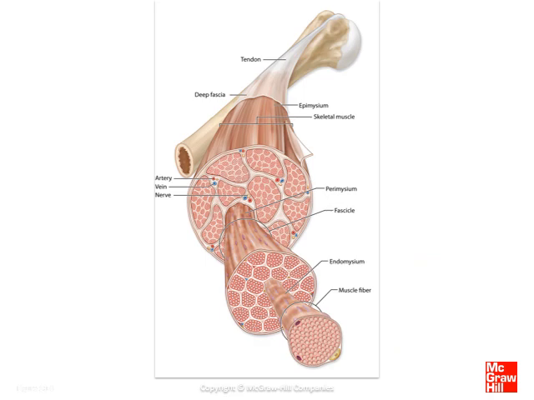So when we look at our image of a cross section of a muscle, you have your individual muscle fiber. Around that, you're going to have the endomysium. A bunch of these will come together to form a fascicle, and around that will be your perimysium.